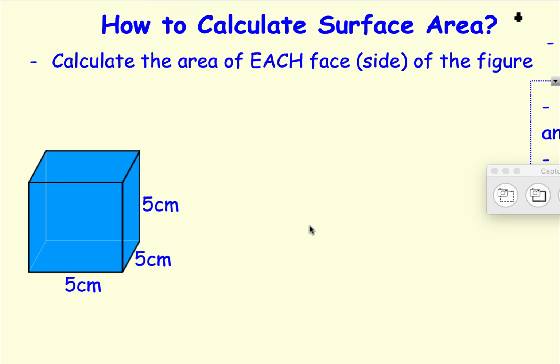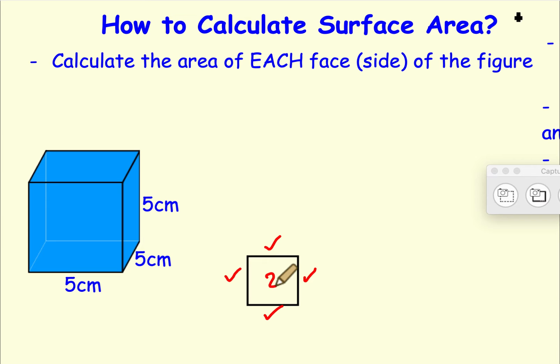So here I have a cube, and I know that a cube has a base that's a square, and a square has 1, 2, 3, 4 sides. So I know that if I have a base that's a square, there are two bases, and for every side of the base, I'm going to have one rectangular face.